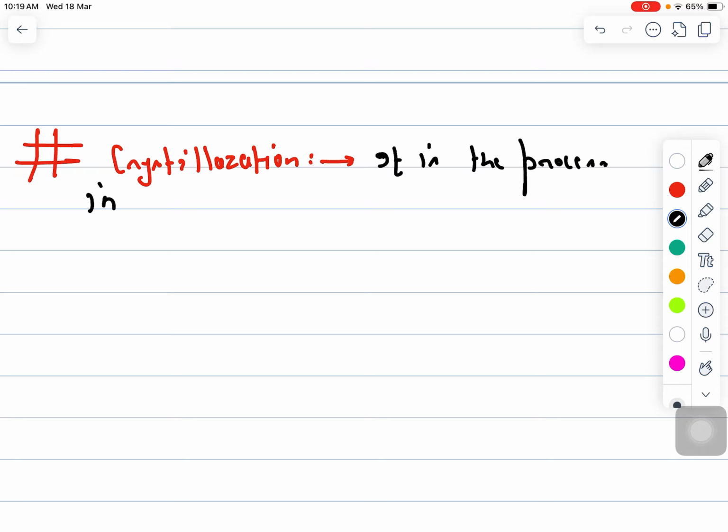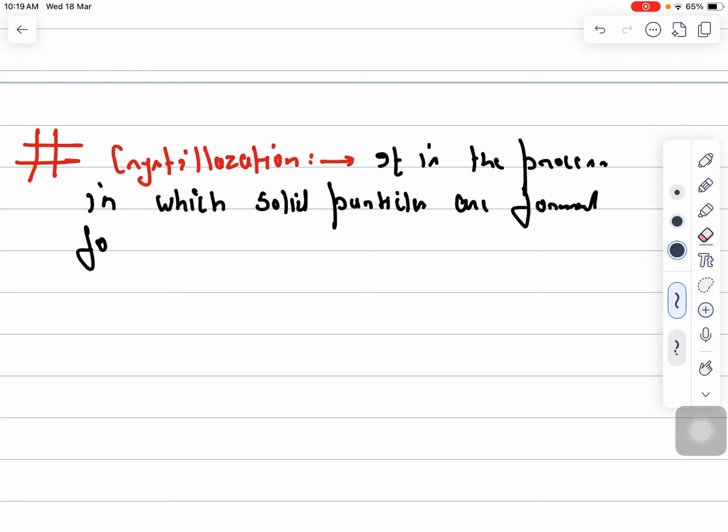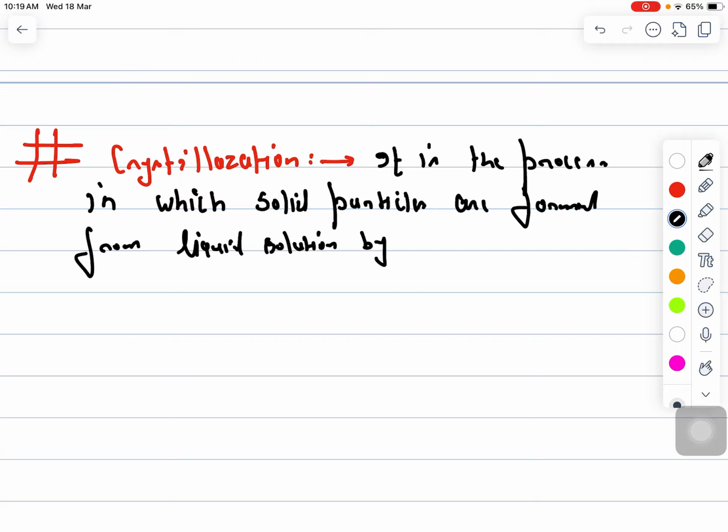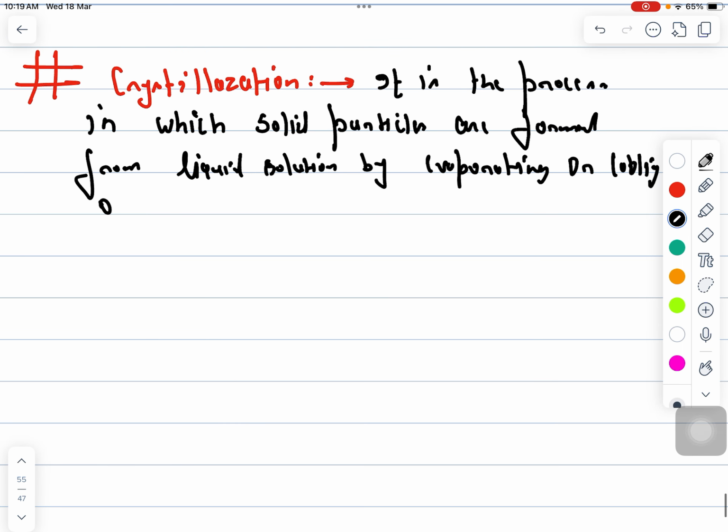It is the process in which solid particles are formed from liquid by evaporating or cooling of a saturated solution, right?